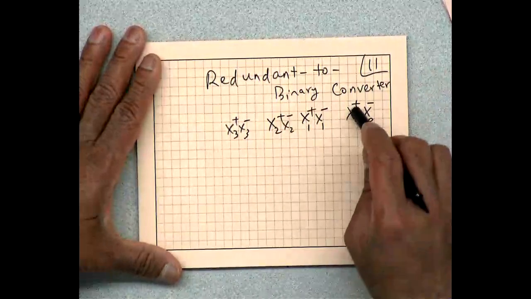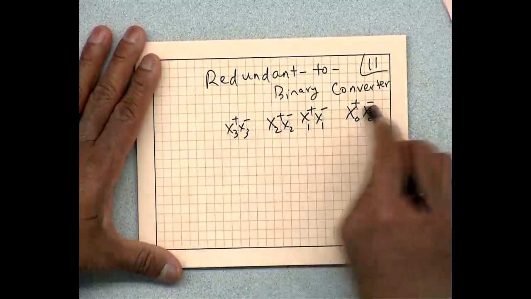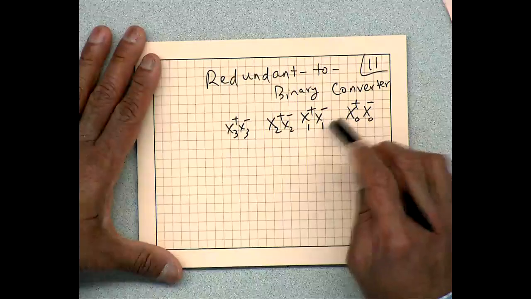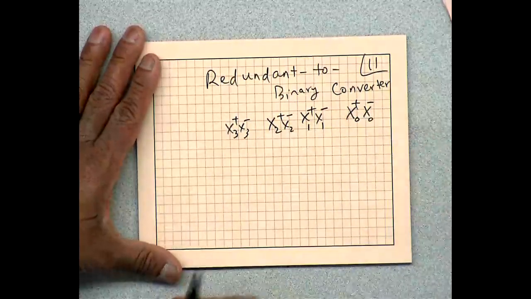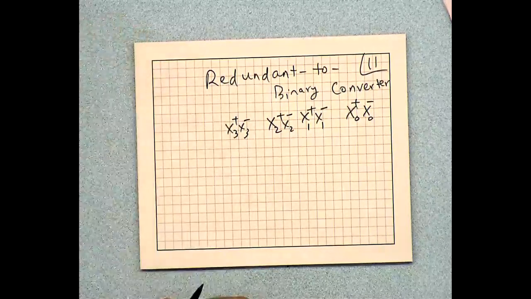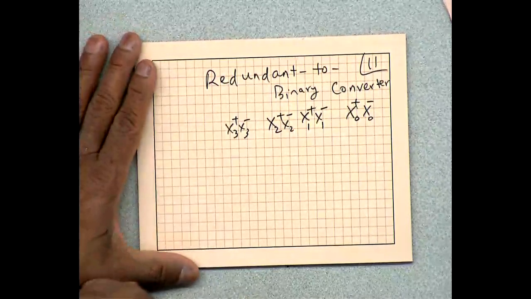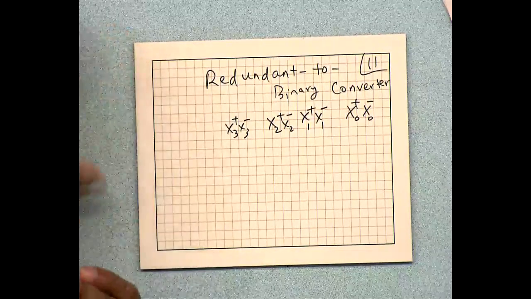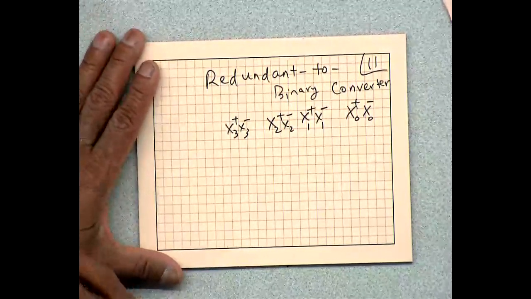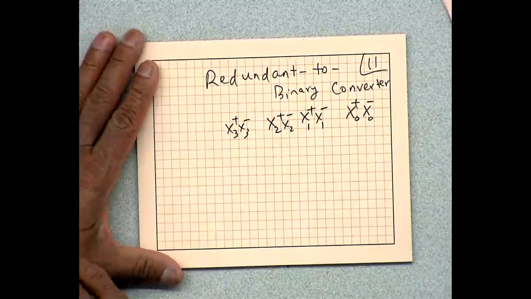If I say this is 1 plus 2 plus 4 plus 8, okay, 8 plus 4 plus 2 plus 1 is 15. And I can represent that perfectly fine. There is no problem about that.